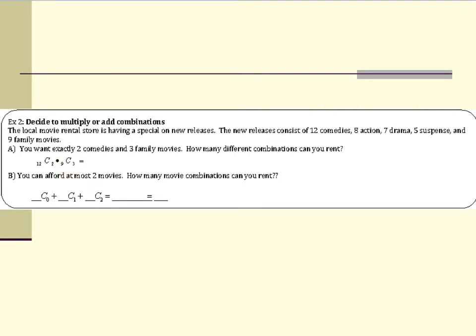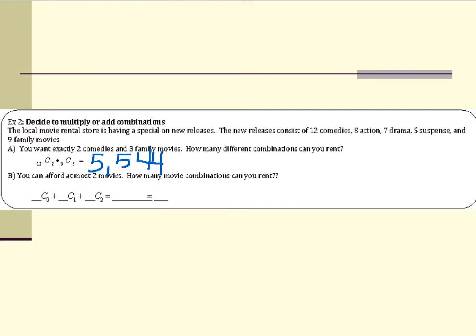So we've got 12C2 times 9C3, and if you simplify that all in your calculator, you'll end up getting 5,544. And again, we multiplied those 2 things because we wanted multiple things to happen.